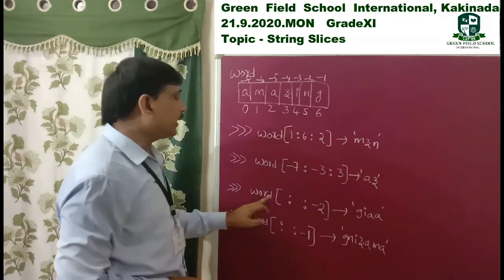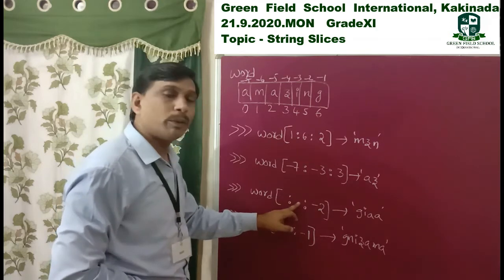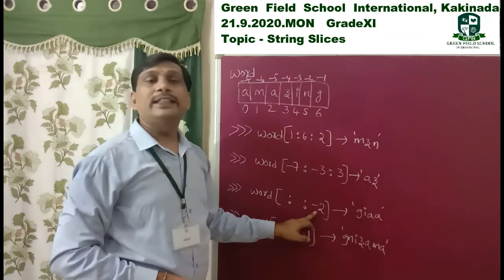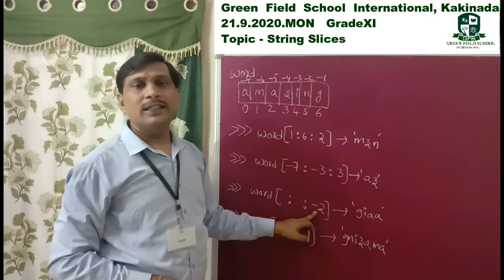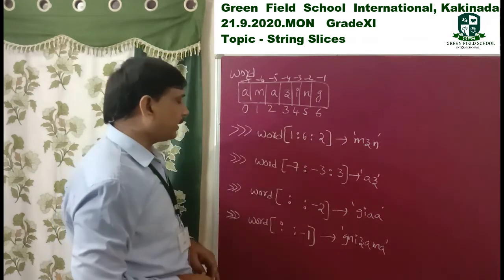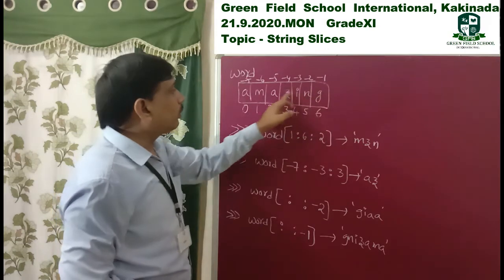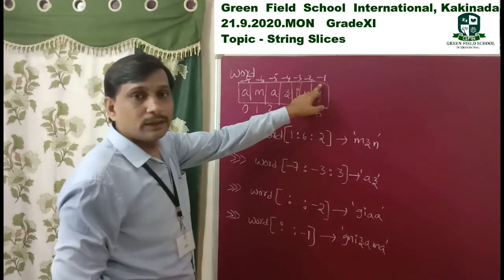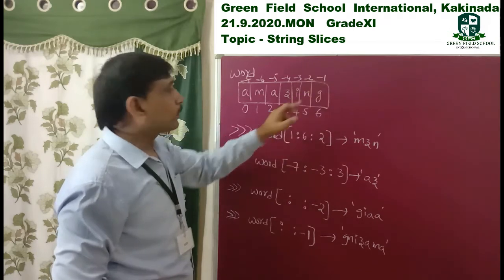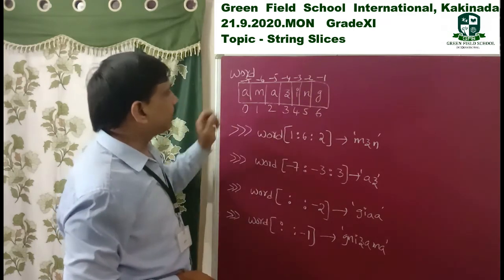Okay. Next, coming to, here I do not specify lower bound and upper bound, but each and every time there is backward step incrementation. That's why, since we do not specify the lower bound and upper bound, it takes the lower bound as -1. Okay, the upper bound is this one.